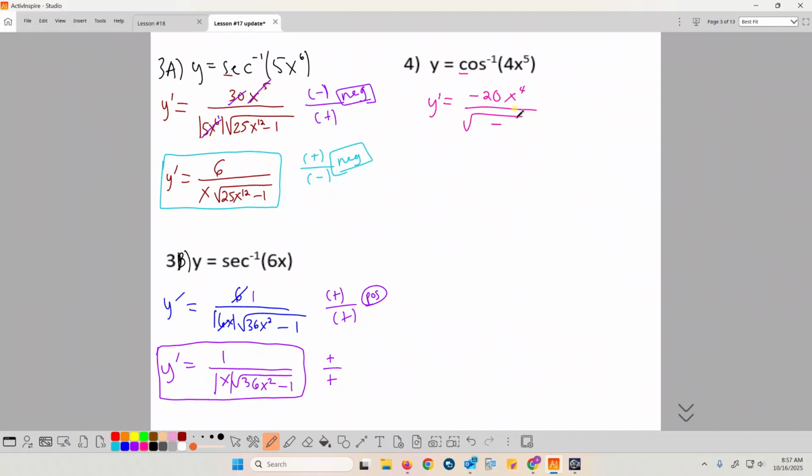It is subtraction, and the cofunction of the sine means we are starting with 1. So we're going to do 1 minus u squared, which means, let's see, 4 squared is 16. x to the 5th squared should be x to the power of 10. All right. Okay, so this is how we can write our final answer for that derivative.